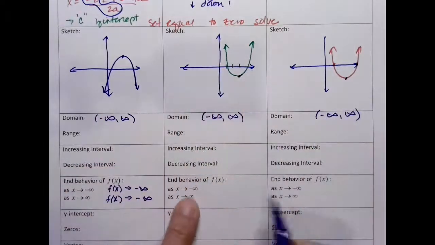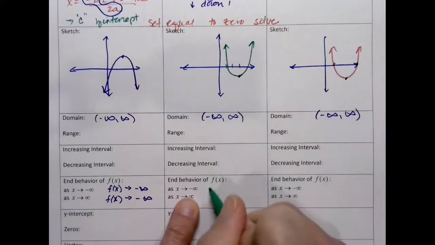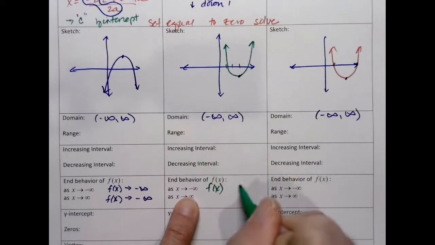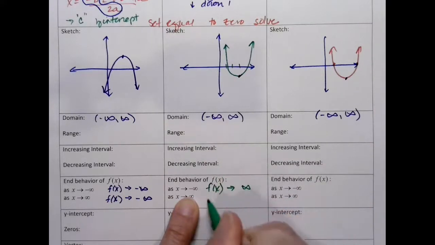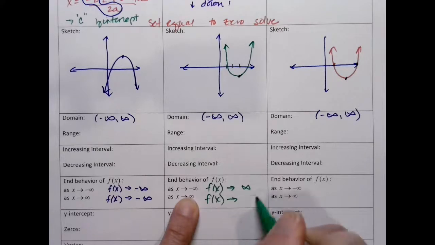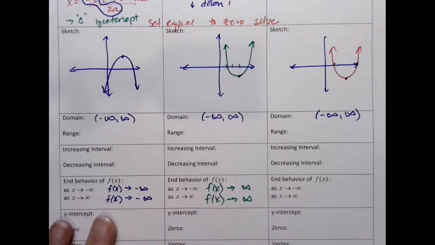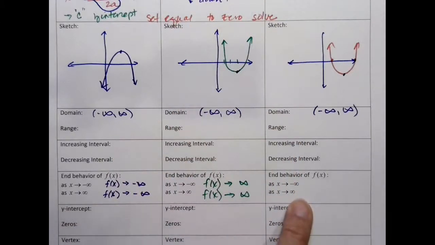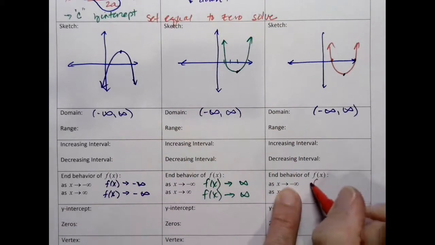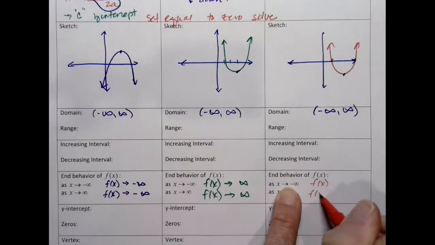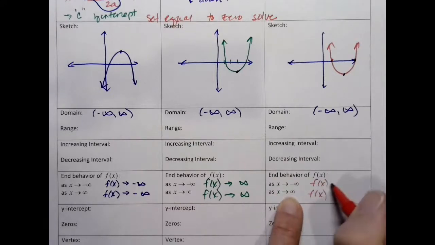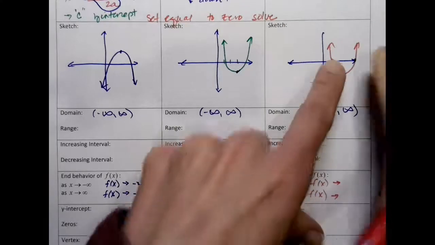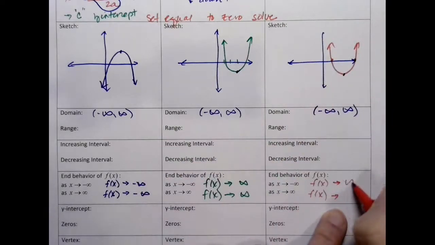Here, as my x's get smaller and my x's get bigger, my output is going to be heading bigger and bigger towards infinity, because these match and go up. Same thing here. As x approaches negative infinity, as x approaches positive infinity, my output for this graph is only getting bigger and bigger.